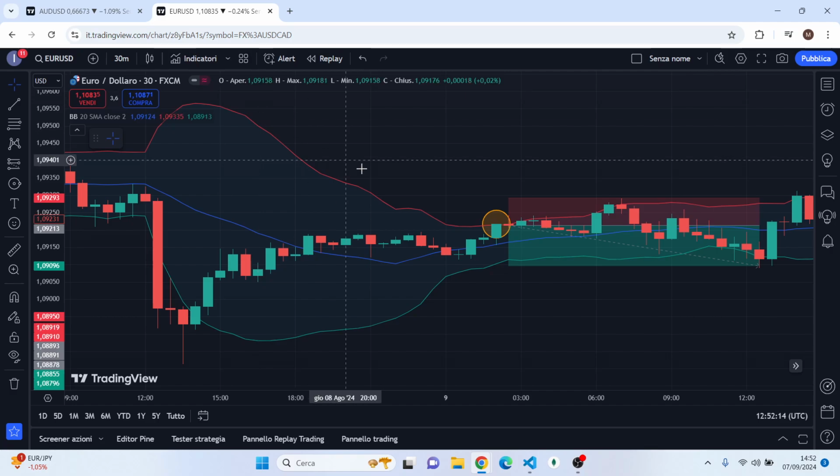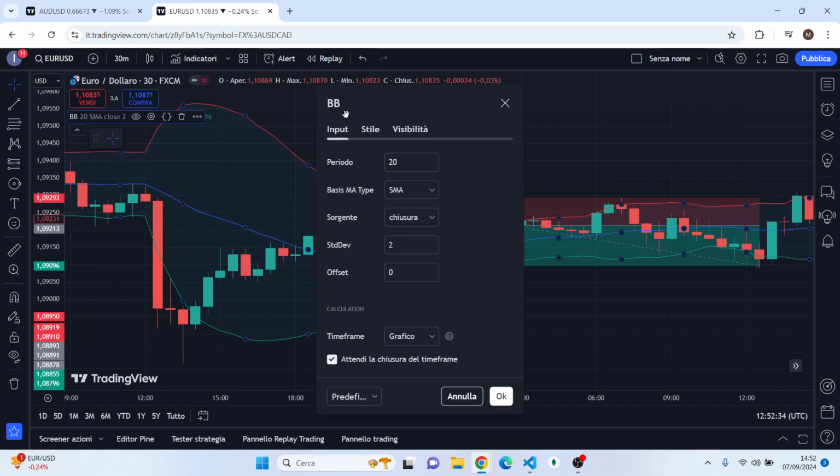So, it was here. In order to open a short position, you have to check that at least some candles before the position is opened are in the range between Bollinger Bands low and Bollinger Bands up. The settings of Bollinger Bands are the default ones of TradingView.